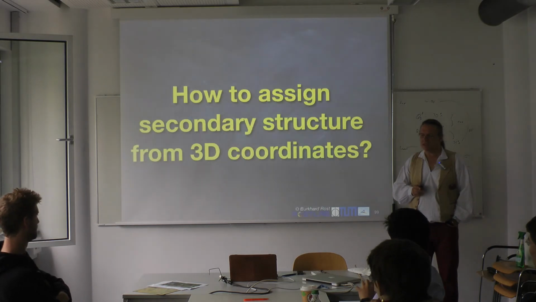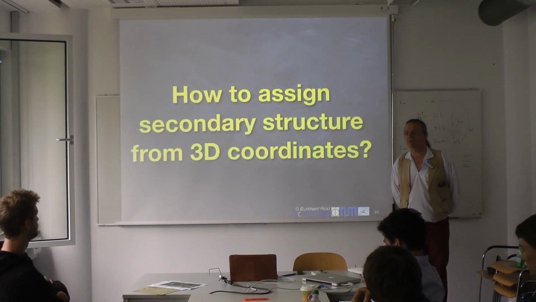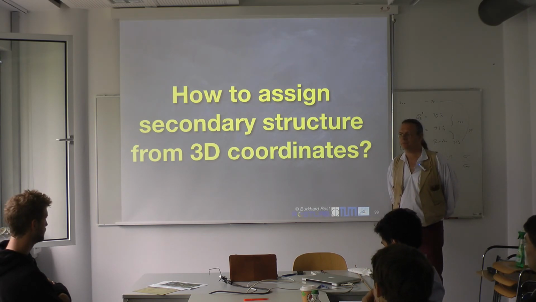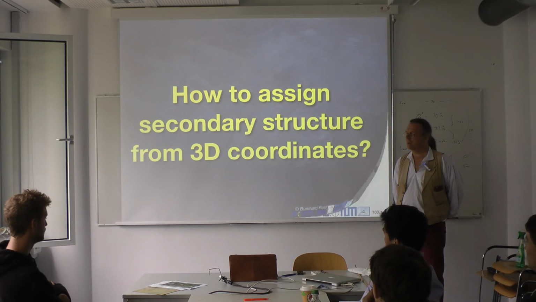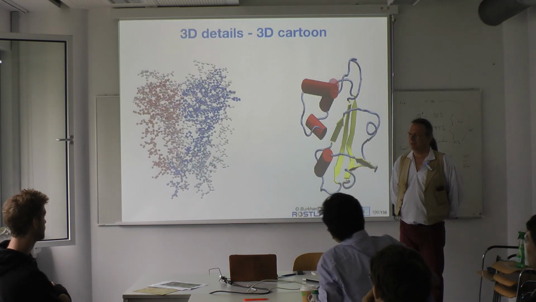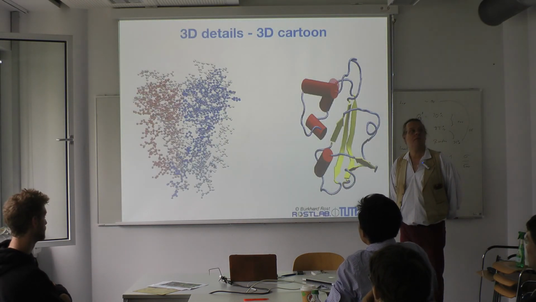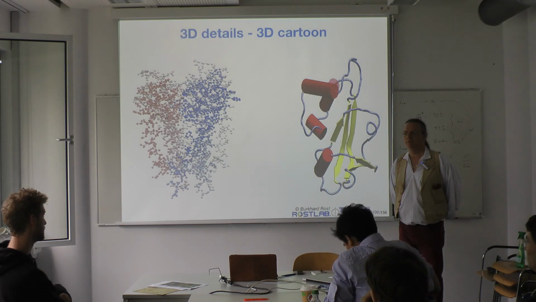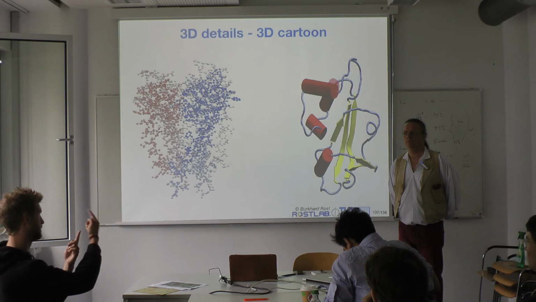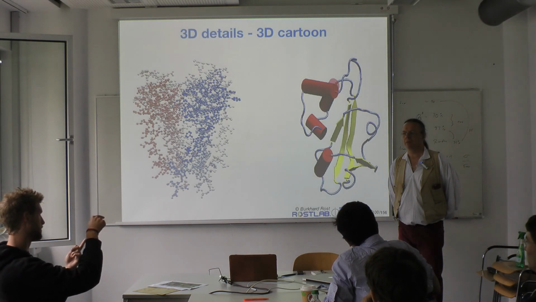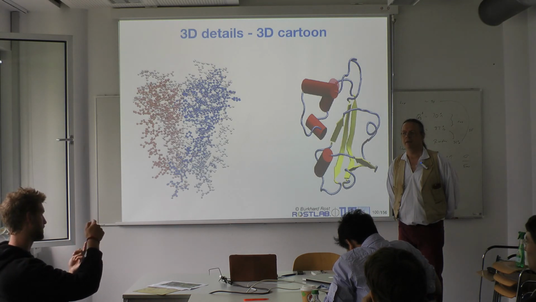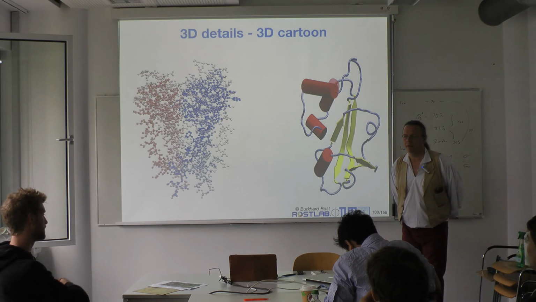Now, how could you assign secondary structure from 3D structure? So go from that to that. There is a regular pattern in every helix where every third or fourth residue is in a specific position, so you can calculate the coordinates where it should be to form a helix.